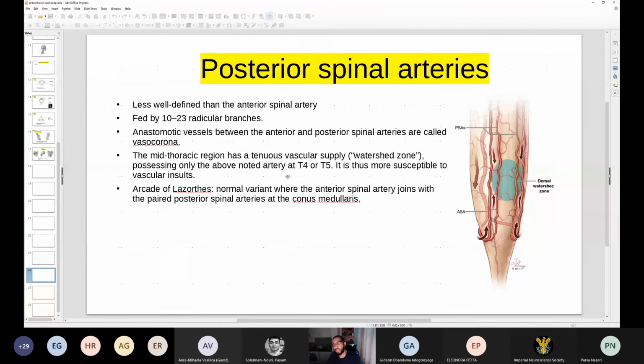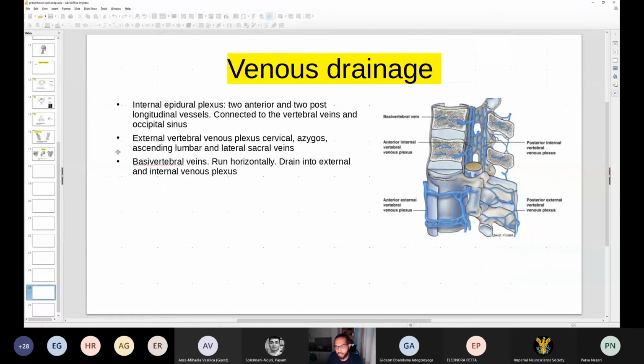The last bit we'll talk about is the venous drainage, and I just think about the internal epidural plexus, because I feel like the major venous drainage is through the internal plexus. Of course, when you talk about the spinal cord, blood supply is always segmental, but in general it's mainly the internal epidural plexus.